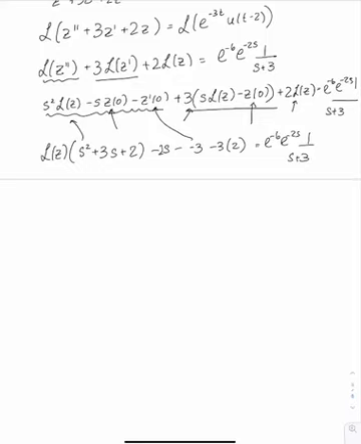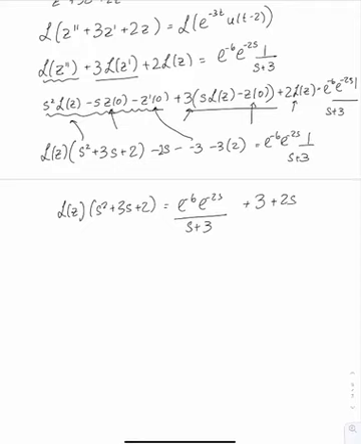Now just do a little bit of algebra, and we have L of z times s squared plus 3s plus 2 equals e to the minus 6 e to the minus 2s over s plus 3. And what is this? This is plus 3 minus 6, so that's minus 3, so it's plus 3 plus 2s. Okay, so just taking all these terms over to the other side.